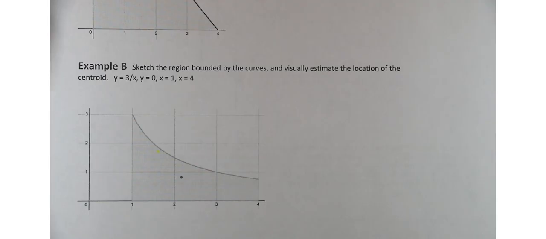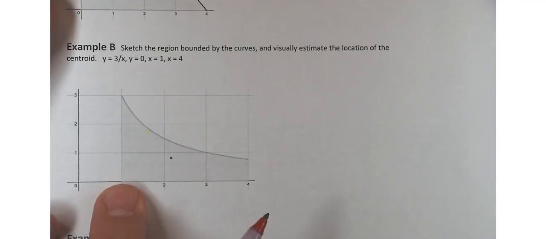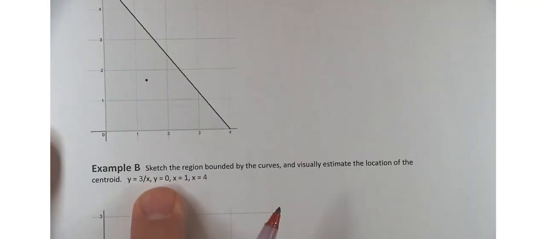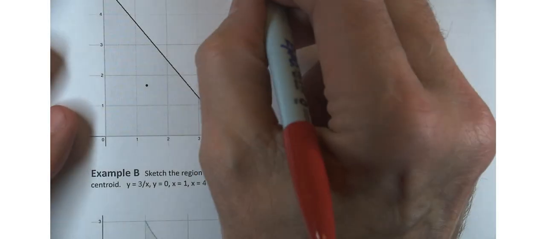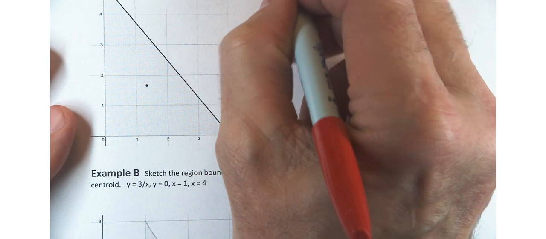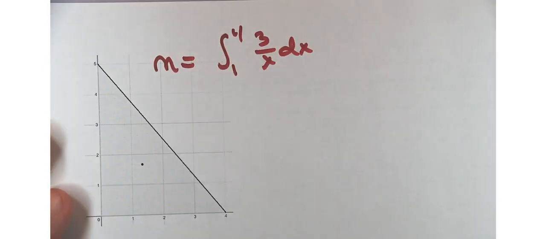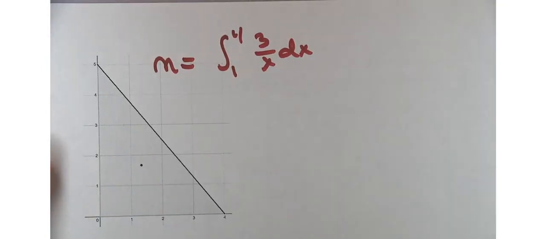Yeah, an integral. So I'm just going to integrate from, let's say, 1 to 4 of 3 over x dx. I don't think it's going to be quite as nice as it was in the last one.